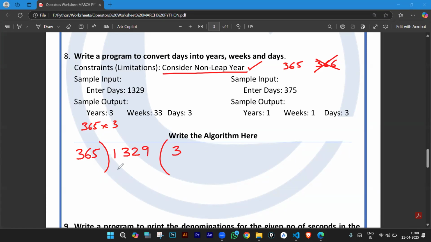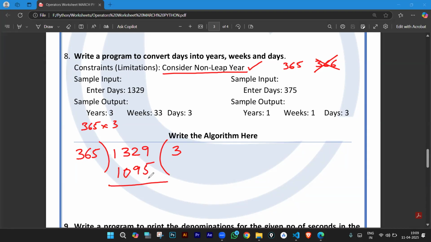3 times 365, I'll get 1095. So why can't I go with 4? Because if you add one more 365, that will simply get into 1400 something.